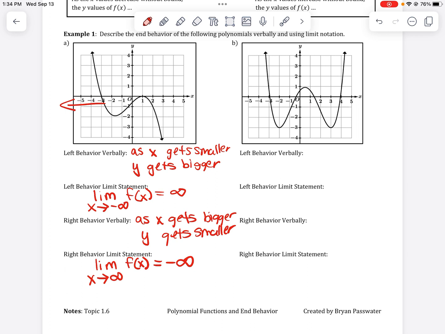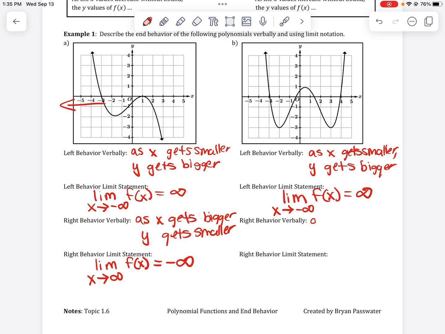So let's see if we can do this one verbally. As x gets smaller, y gets bigger. So our limit as x goes to negative infinity, our y value goes to infinity.